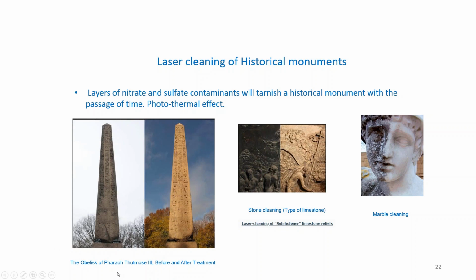And here you can see this obelisk of Pharaoh in Egypt that has been cleaned. And here limestone has been cleaned also. It is a piece of art. And you can also clean marble. You can see the statue where half the face has been cleaned. The other half still has all the pollution deposited on it.